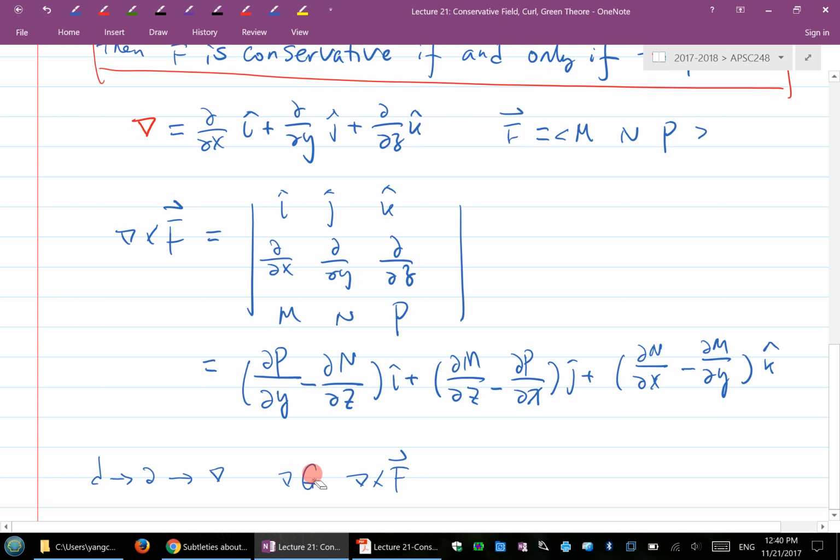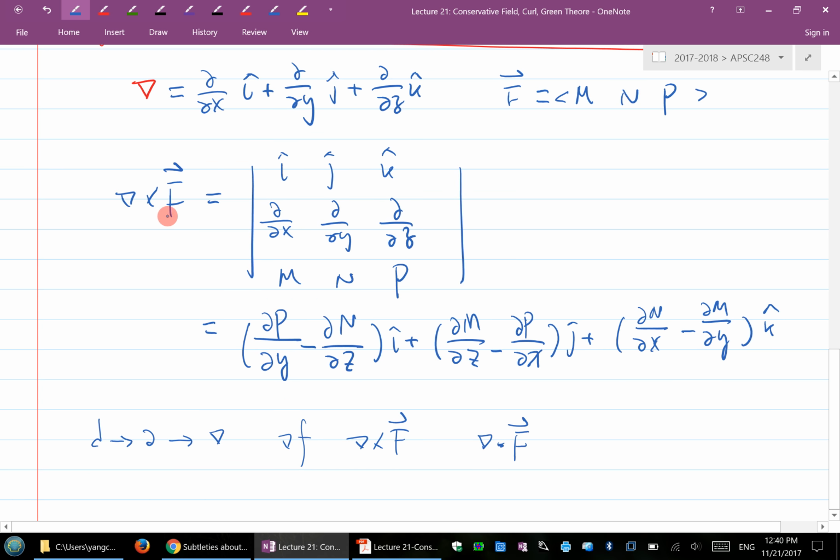Another is to apply it using a cross product with a vector field. And in the next lecture, or probably the last lecture, we have del dot a vector field. That will be the end of the journey here.